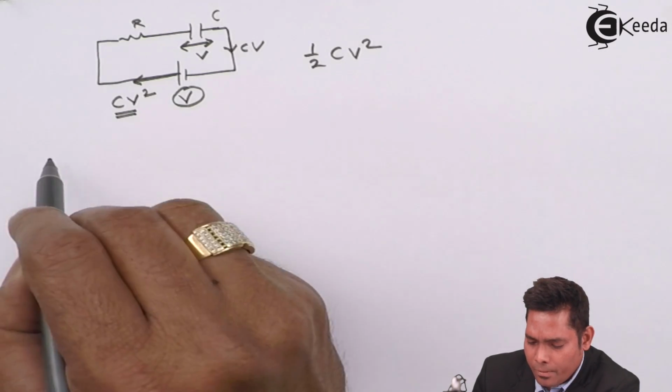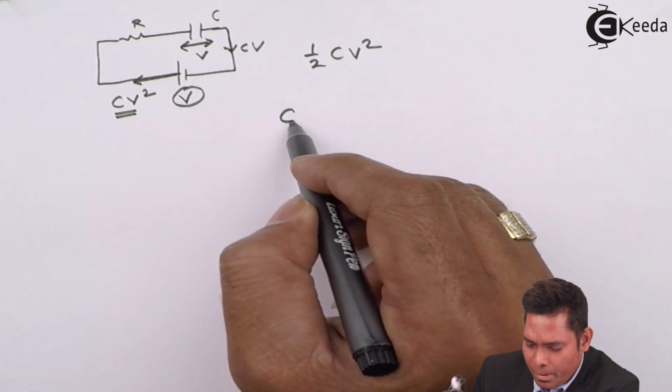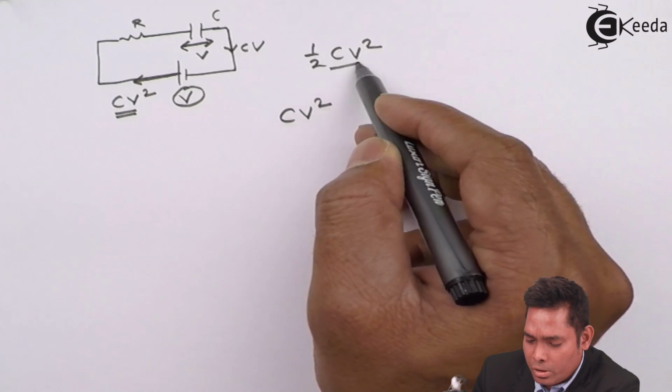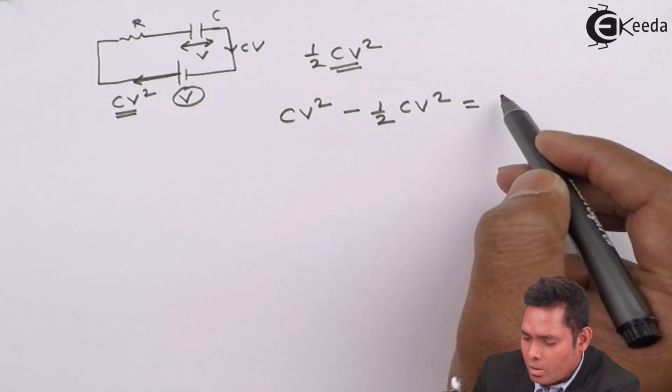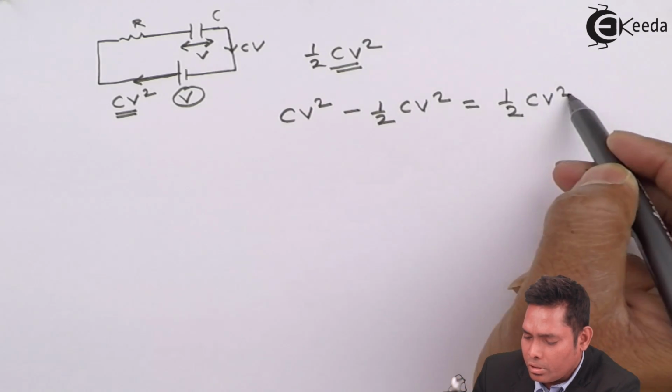This is the energy supplied. So the energy supplied by the battery is CV square, but the energy stored is half CV square. So what is lost is half CV square. This is the heat loss.